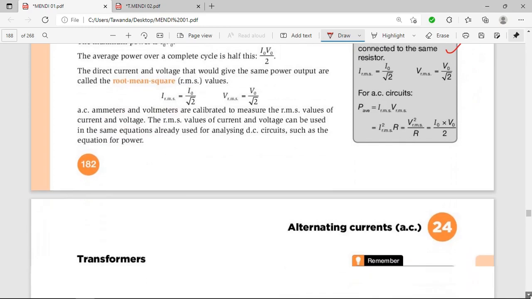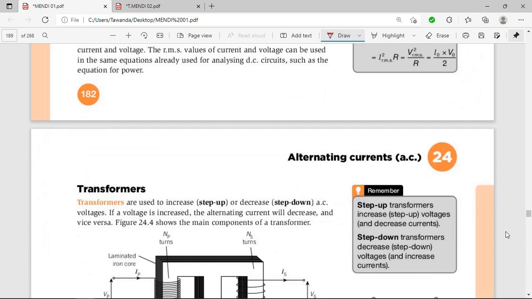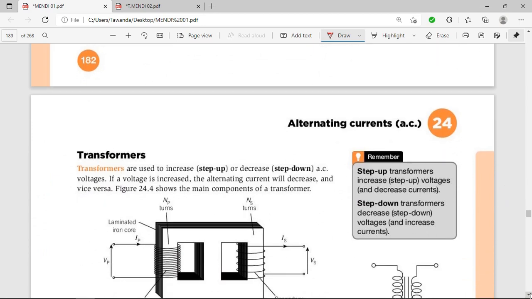Now let's move on to transformers. What are transformers? Transformers are electrical devices that are used to increase, that is step up, or to decrease, that is step down, AC voltages. You must know that if a voltage is increased, the alternating current will decrease, and vice versa.